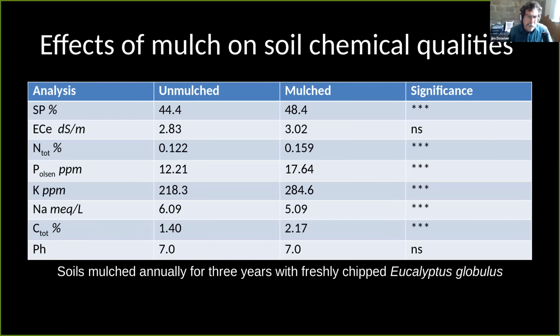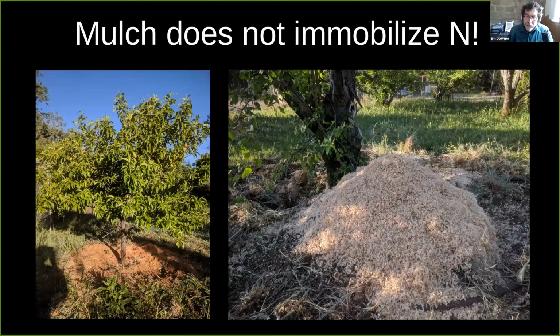But I want to reiterate the point that freshly applied wood products on soil surfaces do not immobilize nitrogen. And this is a picture from my orchard in Portal, Arizona, where I've used sawdust from a cabinet shop. The cabinet maker brings me his sawdust, which he saves, and I apply it in my orchard.